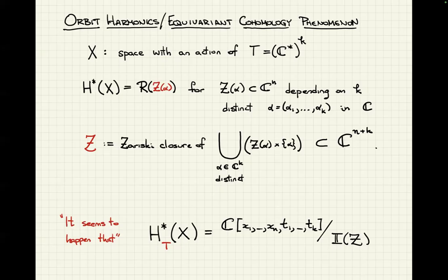It seems to happen that, and I would love to make this more mathematically precise, you can get a Borel-style quotient of the equivariant cohomology ring by looking at this polynomial ring in n plus k variables and taking the quotient by I of Z, right?